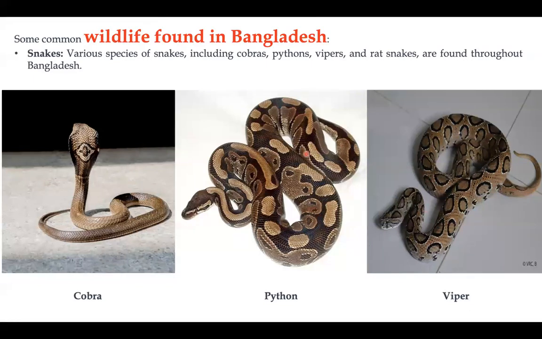I saw a video of a boy in some area of Bangladesh who misunderstood the Russell's viper as a python, and he was playing with the Russell's viper, and that viper bit him and he died. They look quite similar, but this is one of the deadliest poisonous snakes in the world, the Russell's viper. So we need to be careful when we encounter any snake.